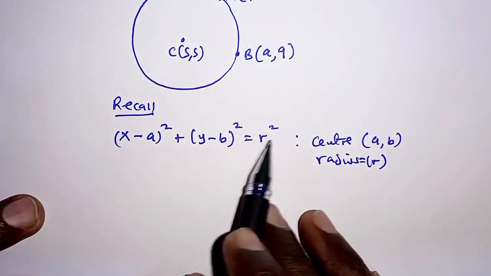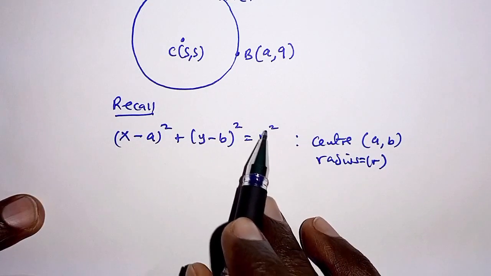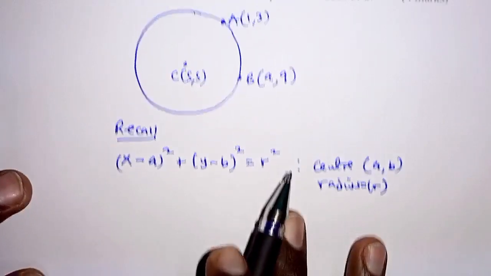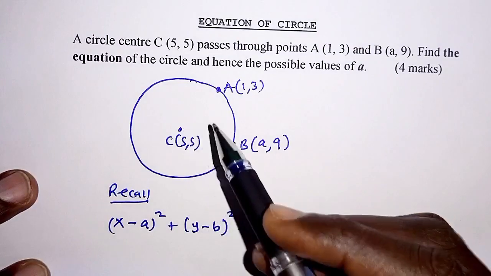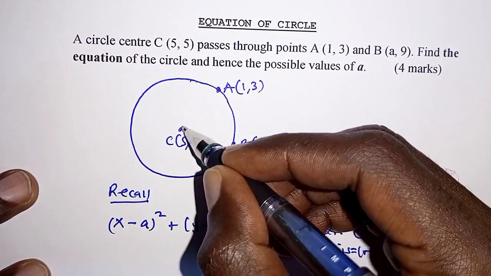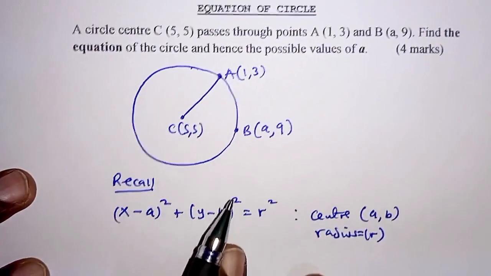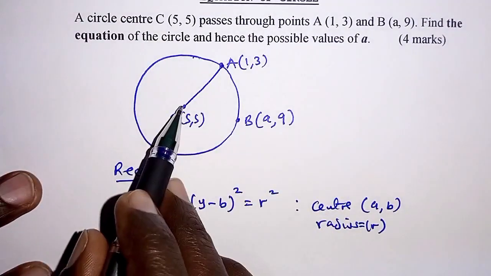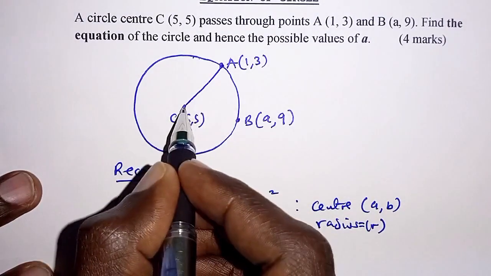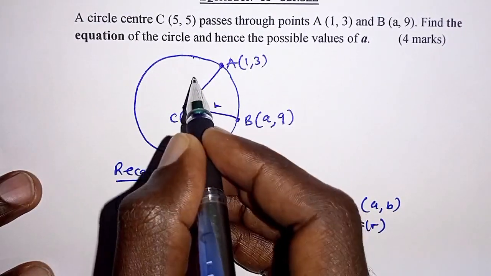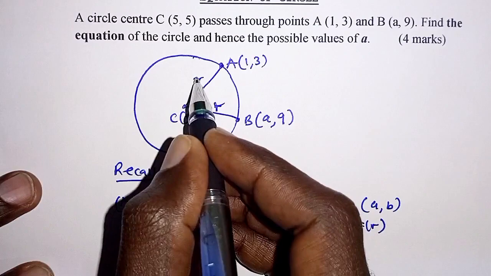The first thing I want us to determine is the radius of the circle, which from what we are given, we can obtain by simply getting the modulus of AC. Remember, AC and CB are both the radius of the circle. So this is r.